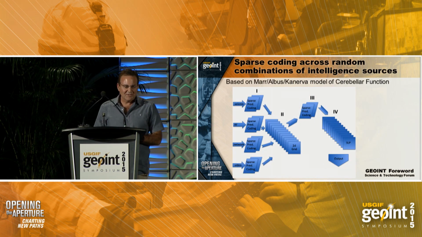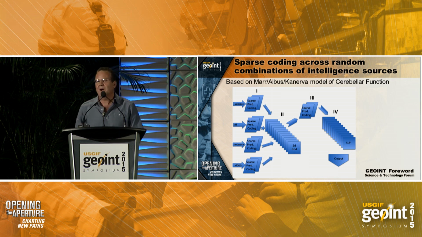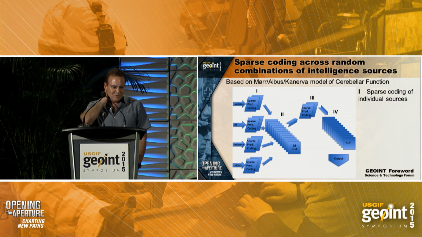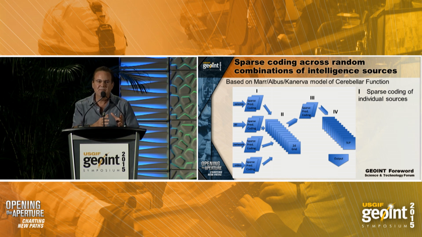So let's put it all together. We're inspired by some very influential models of the cerebellum. The cerebellum turns out to have a similar multi-INT problem to the one that people at this conference are confronting. Here's how our proposed multi-INT processor will work. First, we take each data stream and we make a sparse code of each independent multi-INT stream.